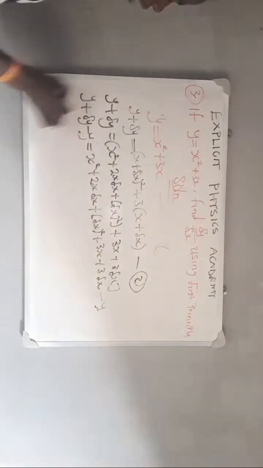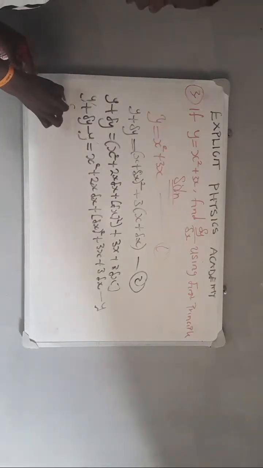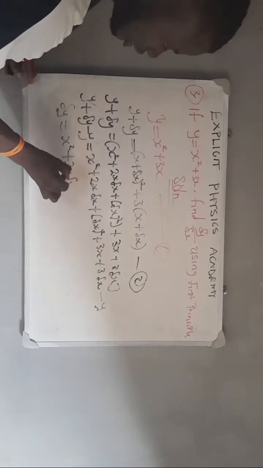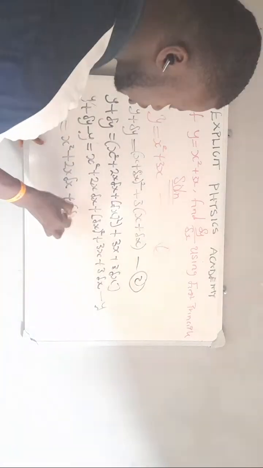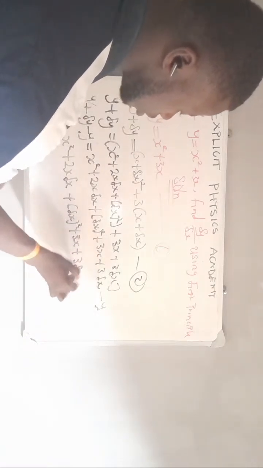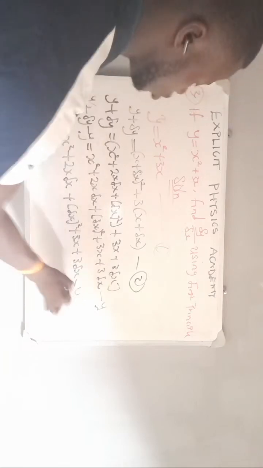So from here, we see that y cancels y, and we're left with del y is equal to x squared plus 2x del x plus del x squared plus 3x plus 3 del x minus y.